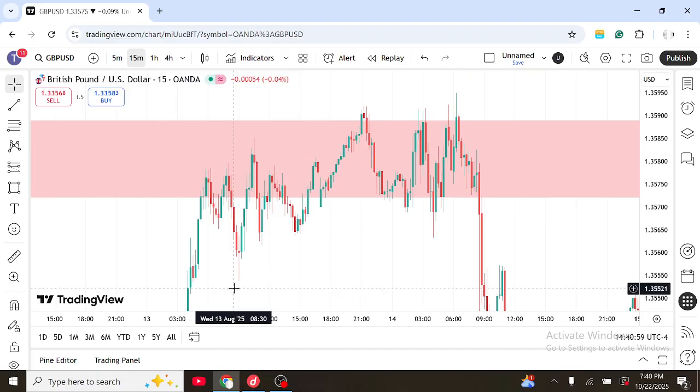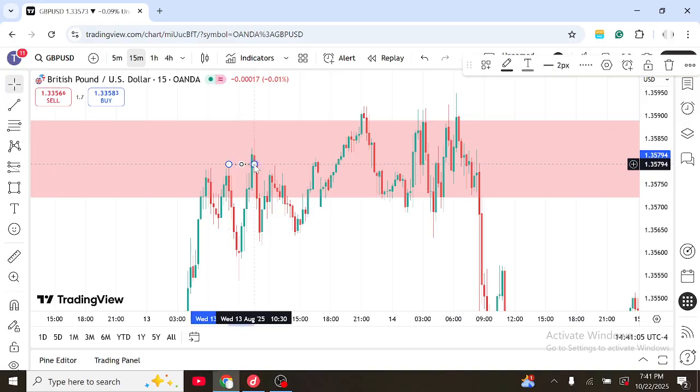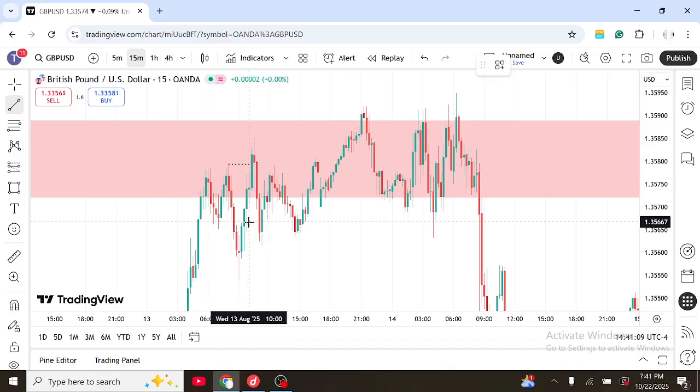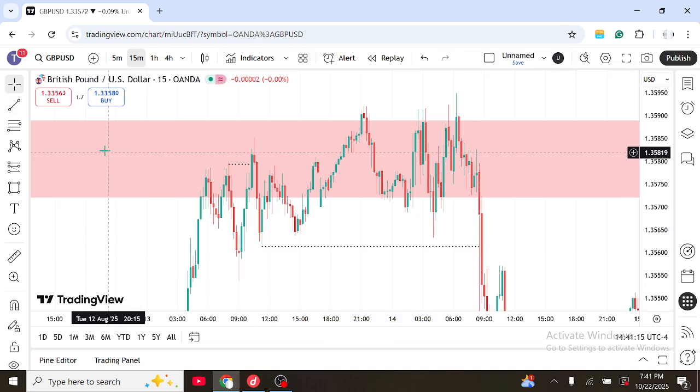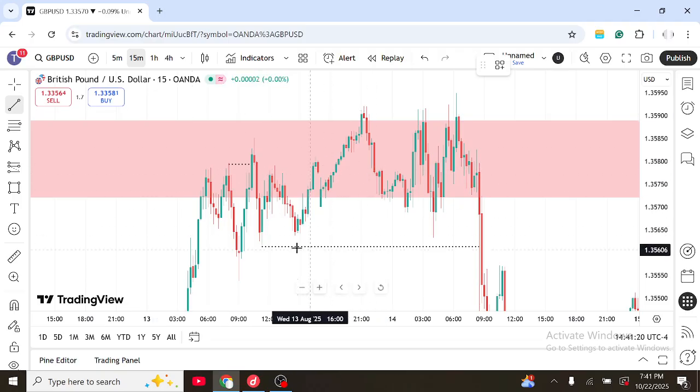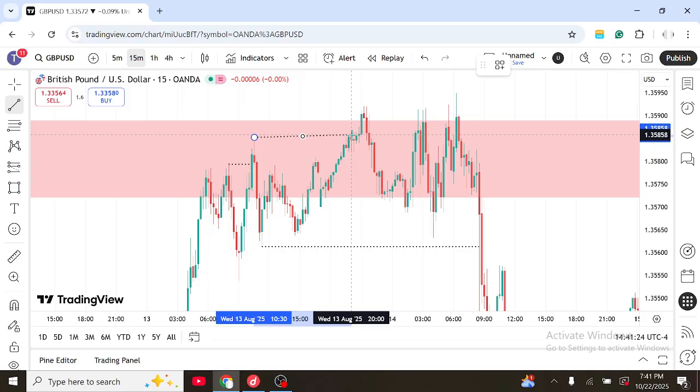Now, this is the last low that caused this break of structure, and this is another low. Can you see that? This low caused this break of structure.